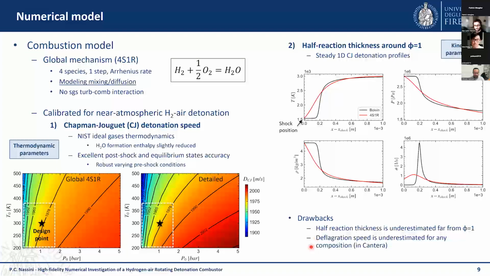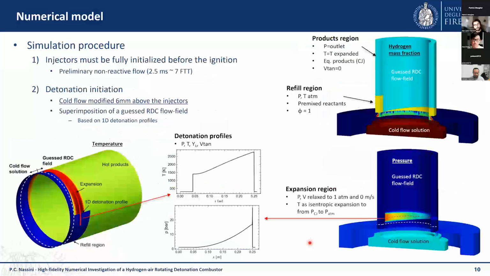And of course, this was a preliminary evaluation made in Cantera, but we still don't have any information about the performance of the deflagration speed of our combustion model in the specific computational mesh that we are using in our simulation.